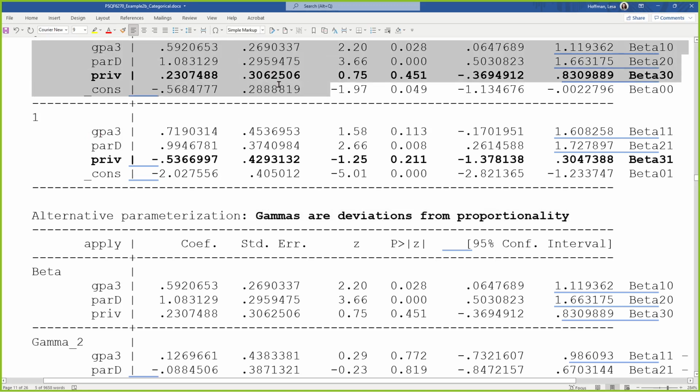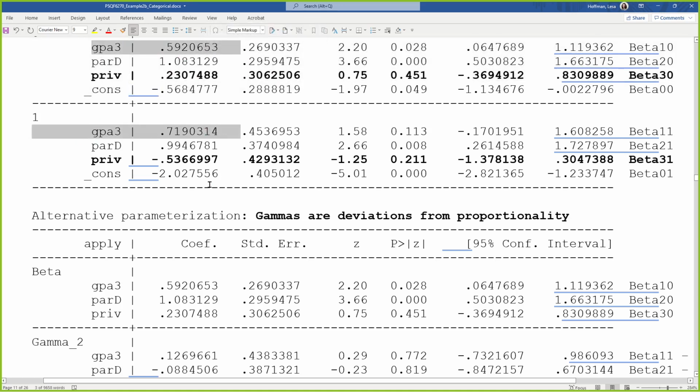So here's the submodel for 0, like 0.59, and so we'll do this one, and that one. There we go. Now I've got all the numbers on one page. So 0.59 is the slope of GPA in predicting a 1 or a 2 instead of a 0. 0.72 is the slope of GPA in predicting a 2 instead of a 0 or a 1.